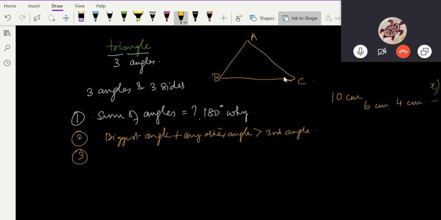No, you cannot. So the sum of any two of the sides must be greater than the length of the third side, not angles, of the sides. Only then will we have a triangle.